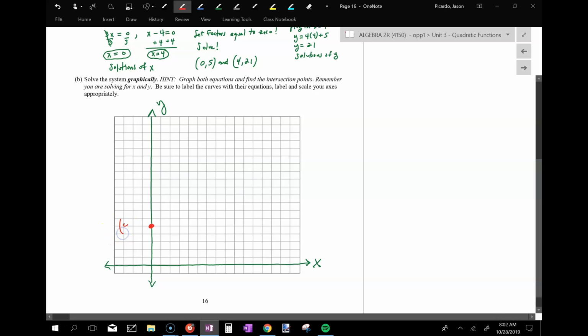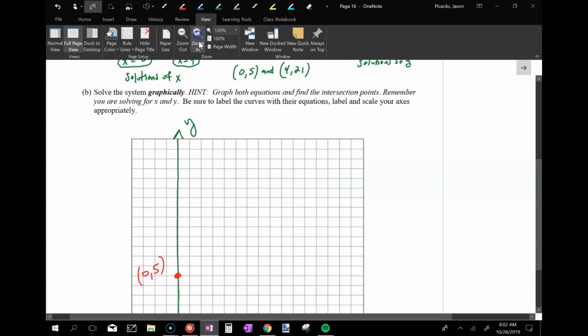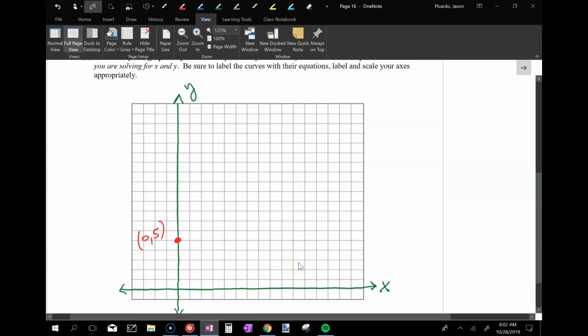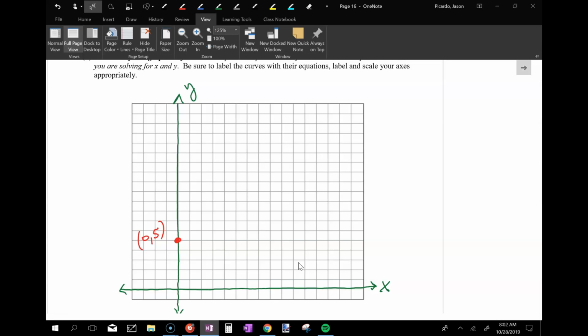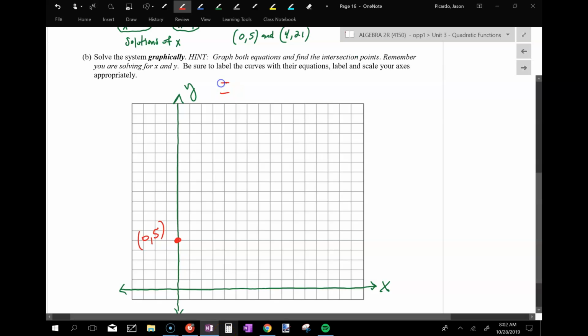There's one of the points of intersection. And then I'm going to go to (4, 21), and it's up there, a little bit off my paper.